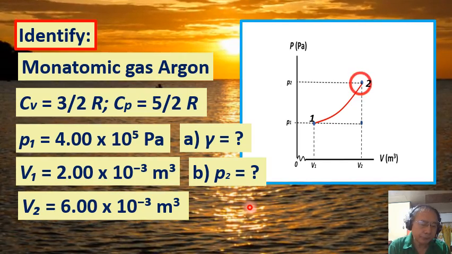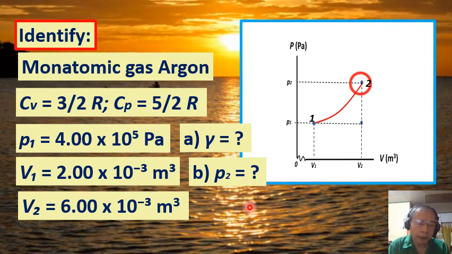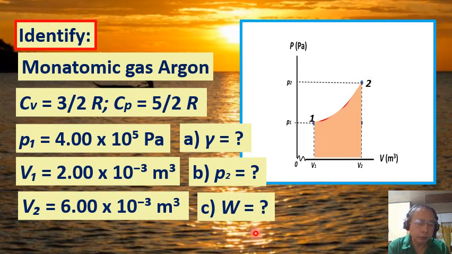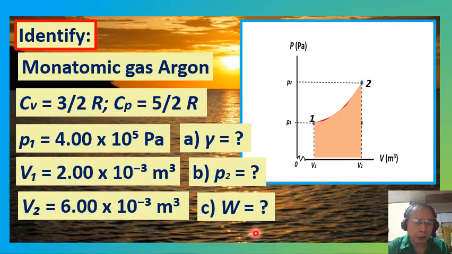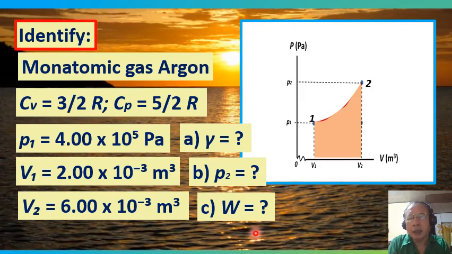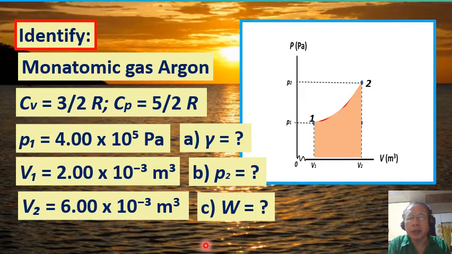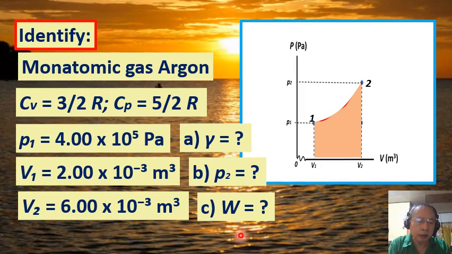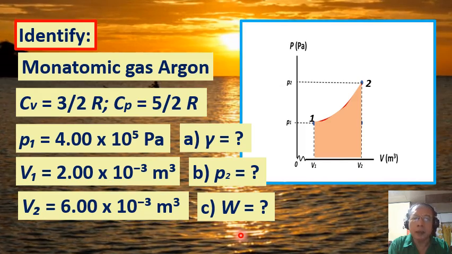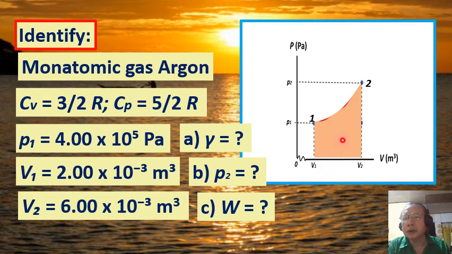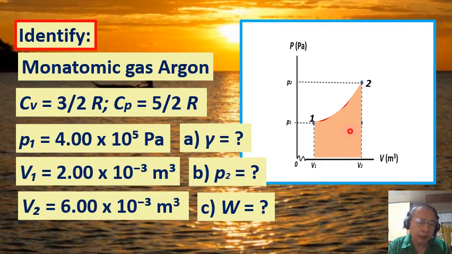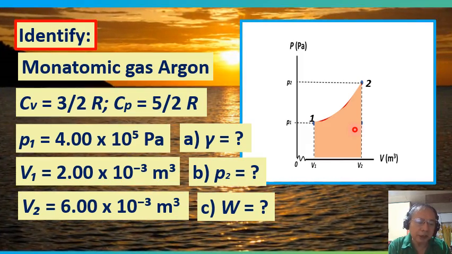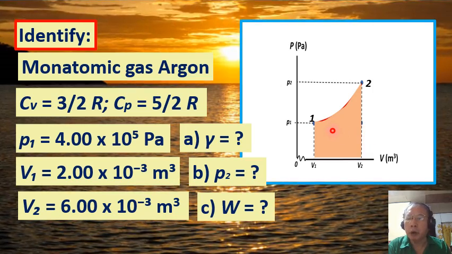And then in part C, we are required to find the amount of work done, W. This is the amount of work done by the gas argon as it expands adiabatically. And this total work done by argon gas is also represented in the PV graph by the shaded area of the polygon.